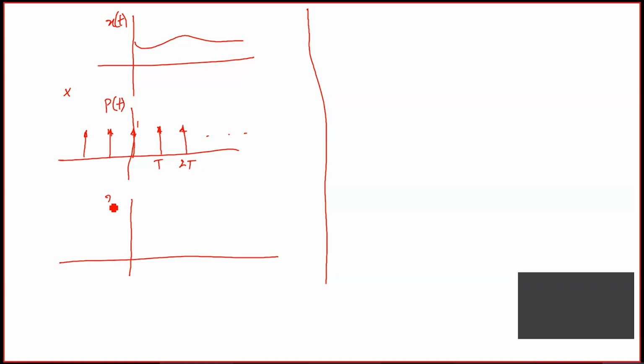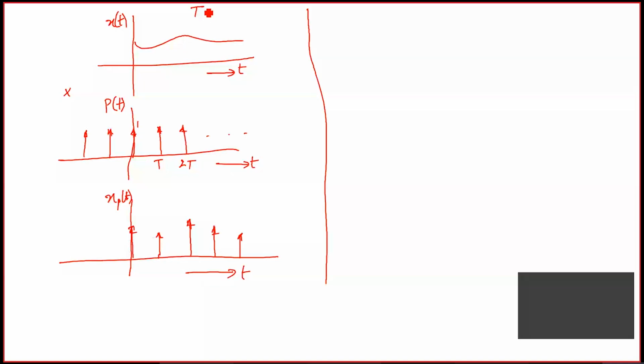So xp(t) is nothing but the multiplication of the two signals right there, and we end up getting as a result scaled shifted impulses. So this is your xp(t).